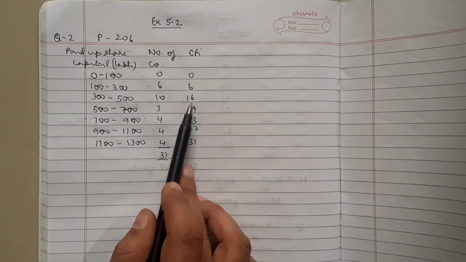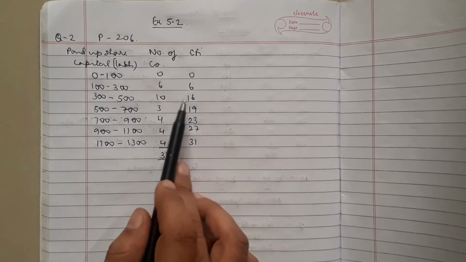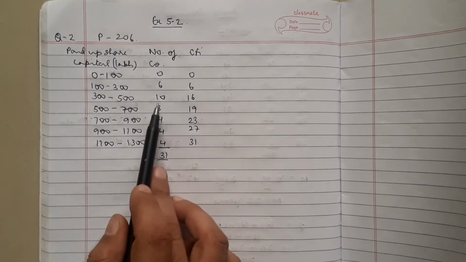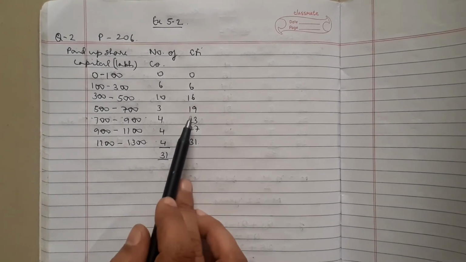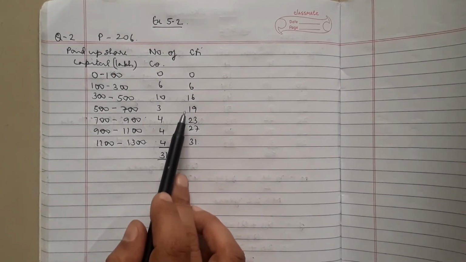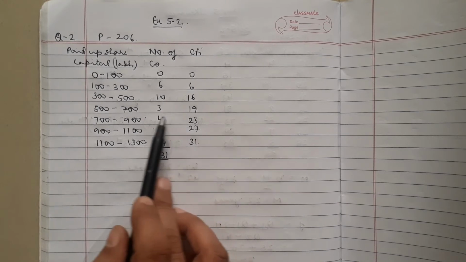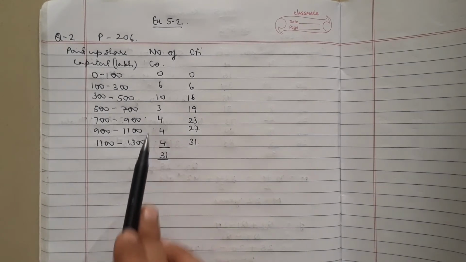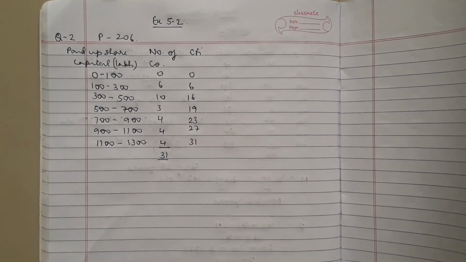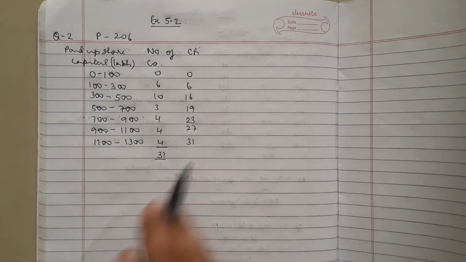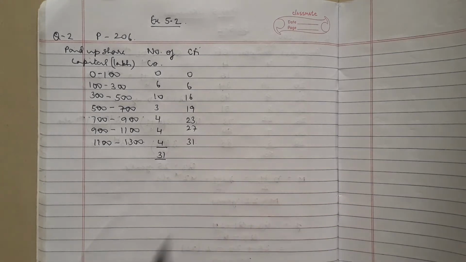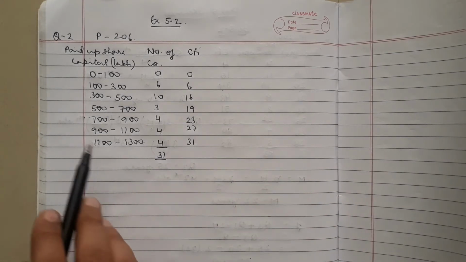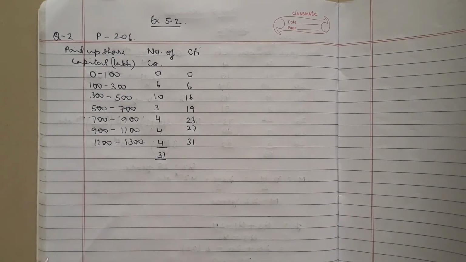So 16 minus 6, we deduct the frequency above, and the frequency becomes 10. Again 500 to 700, 19. 16 will be deducted from 19, so we have got the frequency 3. This way we will first convert it into the original class. This is the original class; we already have the CF given in the calculation. So, making it into the original class, we have got the lower limit and upper limit.